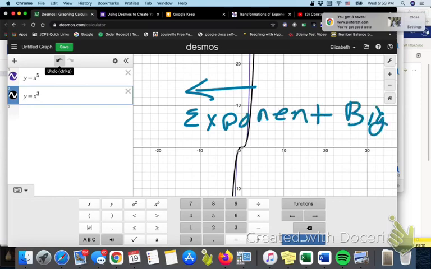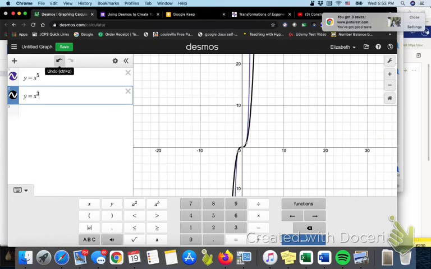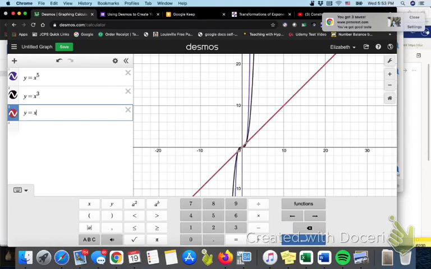So instead of it being a 3, I made it a 5. If I wanted to do another one, like y equals x to the 11th, see how, once again, it shifts it a little bit closer.